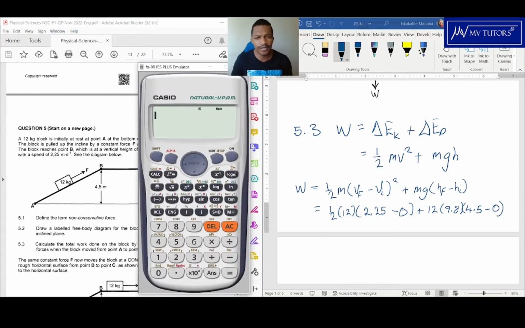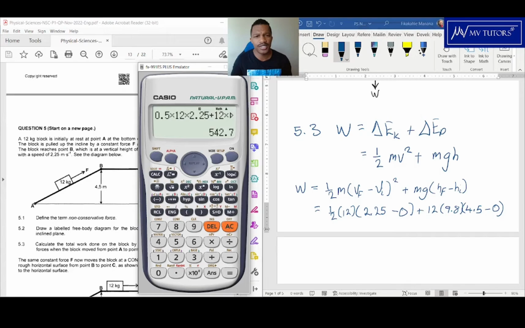Let's go for it. So basically we have a half, so I'm just going to put 0.5 times 12 times 2.25 plus 12 times 9.8 times 4.5. There we go.